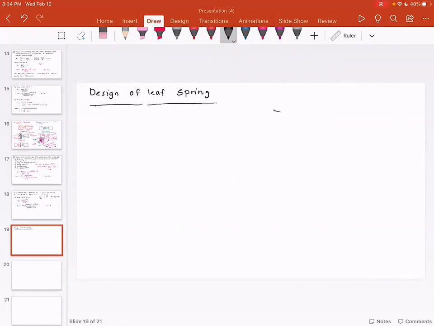So leaf springs, they look something like this. And if you look at the springs that are usually on the rear side of the truck or the heavy vehicles, you will notice the leaf springs something like this. So you have a couple of full leaves, then you have partial leaves, and these leaves are held together in place using some sort of a center bolt.